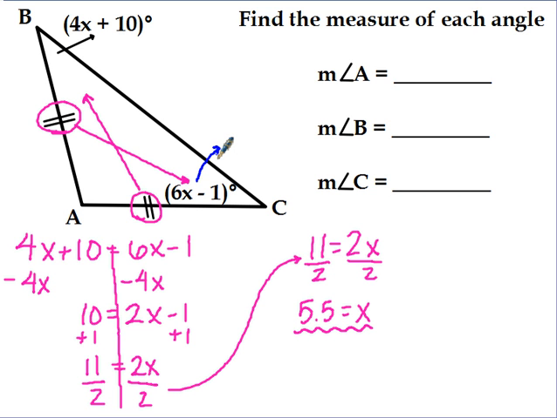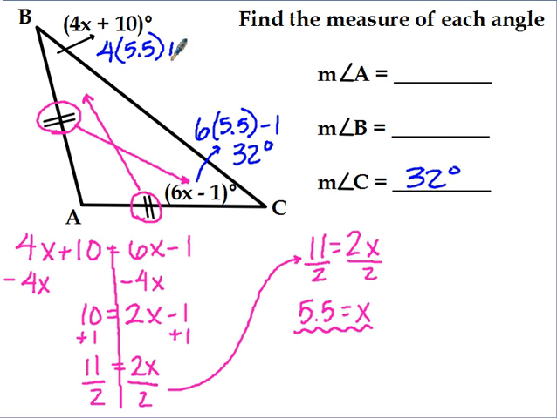So if I plug it into C, I'll have 6 times 5.5 minus 1, and that gives me 32 degrees for angle C. And then B should also be 32 degrees because it's an isosceles triangle, so we drew these arrows in to show that they should be the same. And when you take 4 times 5.5 plus 10, you do get 32 degrees. So both C and B are 32 degrees, just like we would expect in an isosceles triangle.